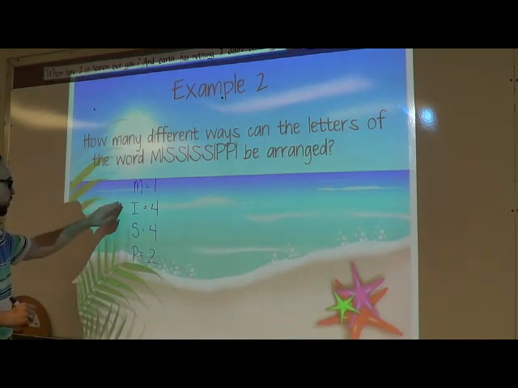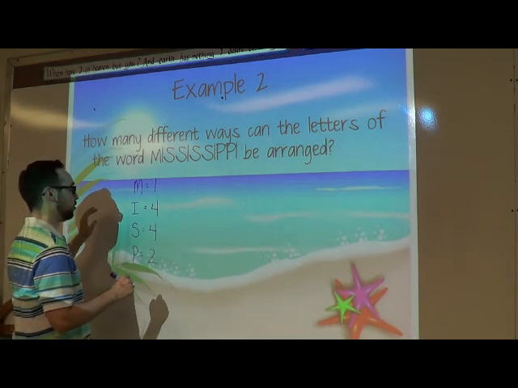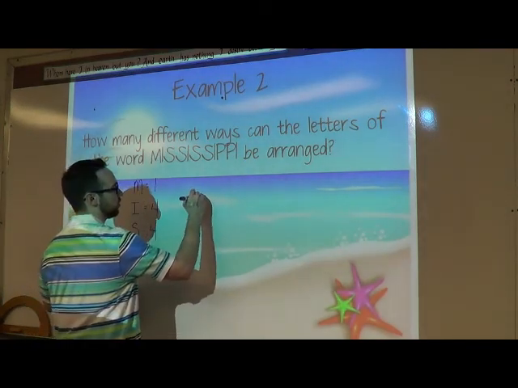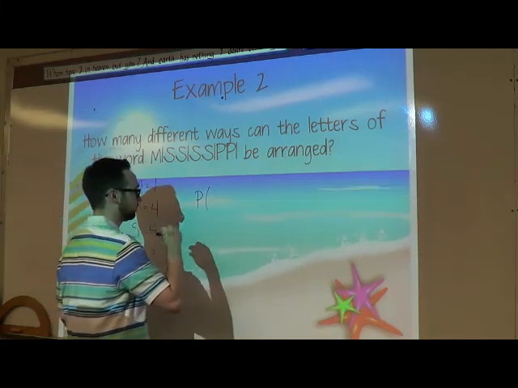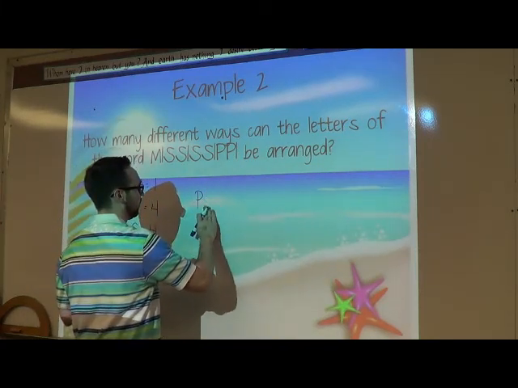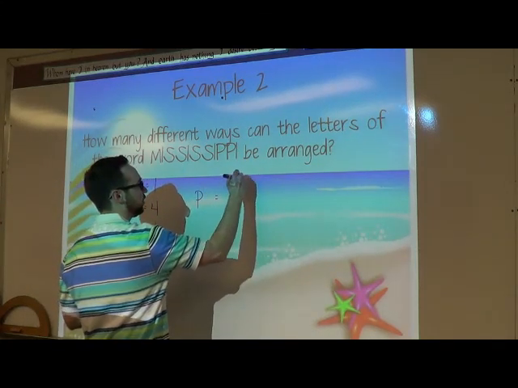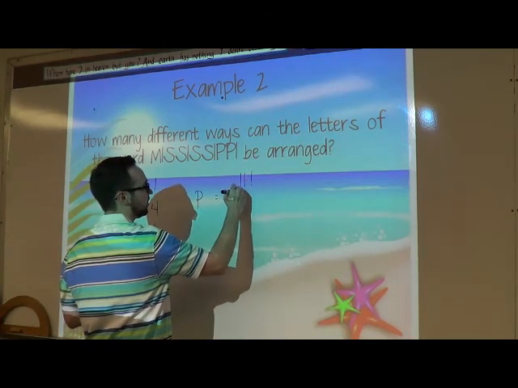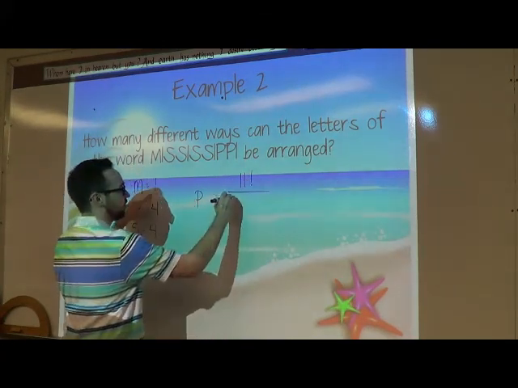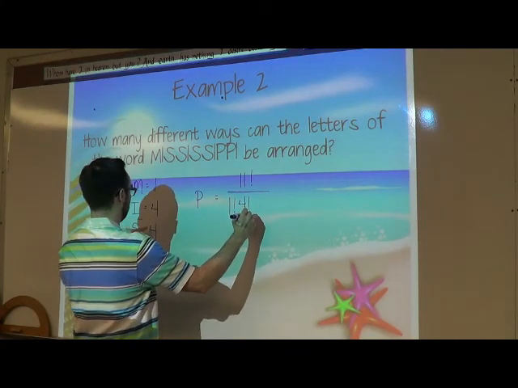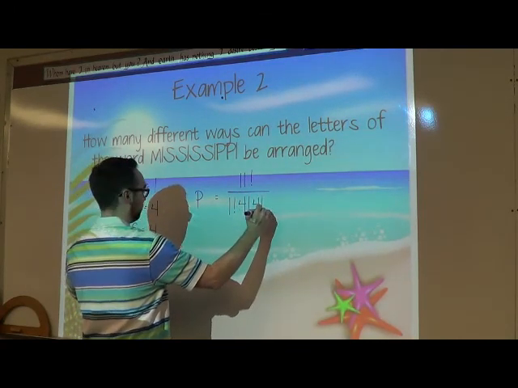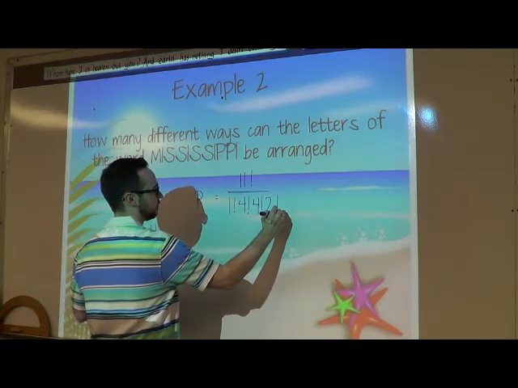So there are 4 different letters and 11 letters total. So to find the number of ways that we could arrange this, I'll just use P, which is going to be 11 factorial divided by 1 factorial times 4 factorial times 4 factorial times 2 factorial.